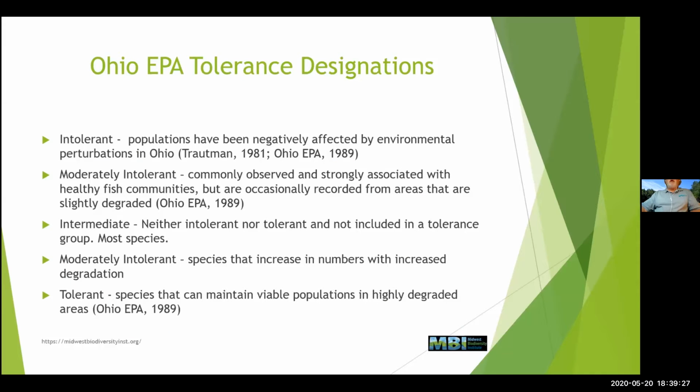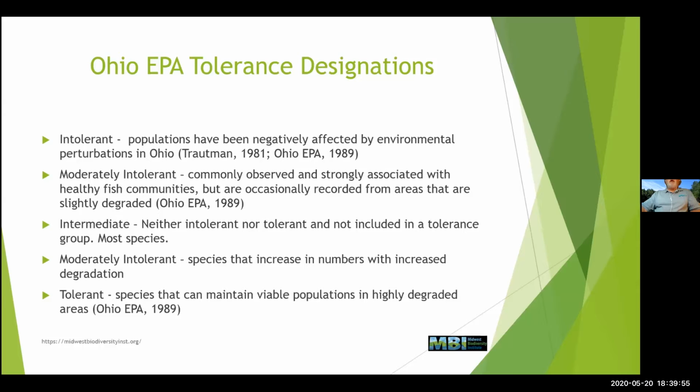So tolerance groupings for species that we'll be talking about: intolerant, moderately intolerant, intermediate, moderately tolerant, and tolerant. The intolerant and moderately intolerant combined are the sensitive species, generally indicative of good water quality, good habitat.